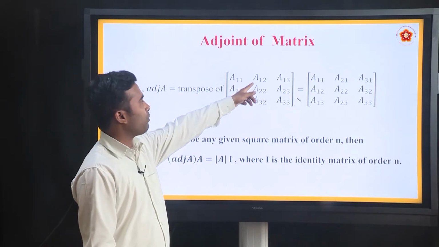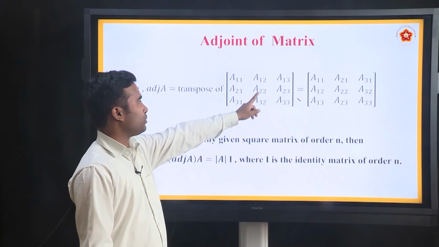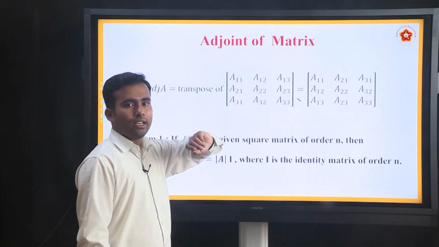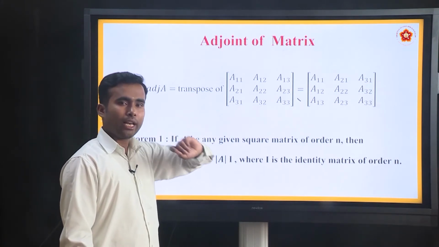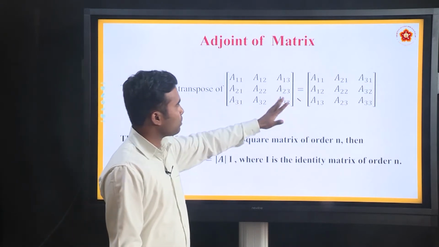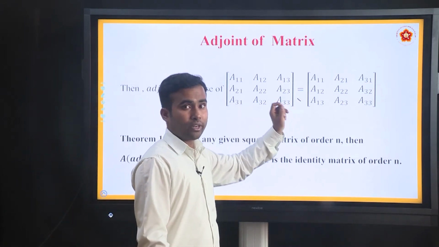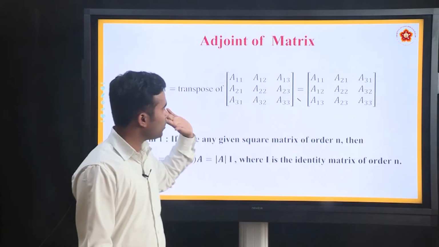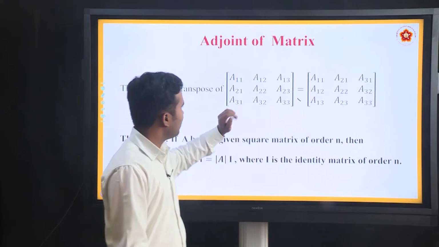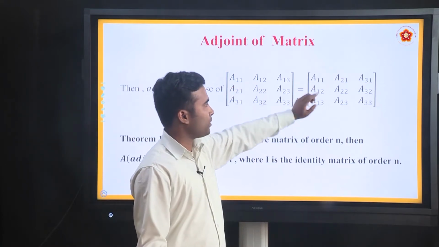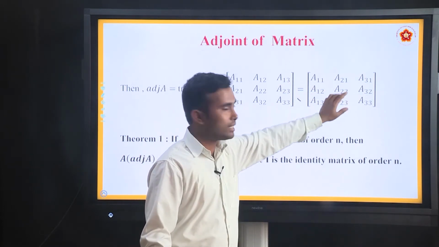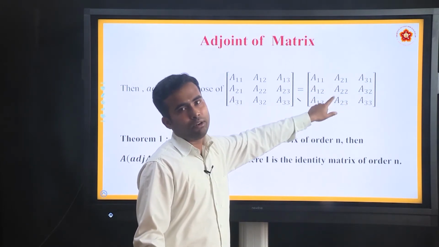A11, A12, A13, A21, A22, A23, A31, A32, A33 are the elements of the cofactor matrix. You are familiar with how to write the transpose of a matrix: you just interchange rows as columns and columns as rows. The first row becomes the first column, second row the second column, third row the third column. This gives the adjoint of a matrix.